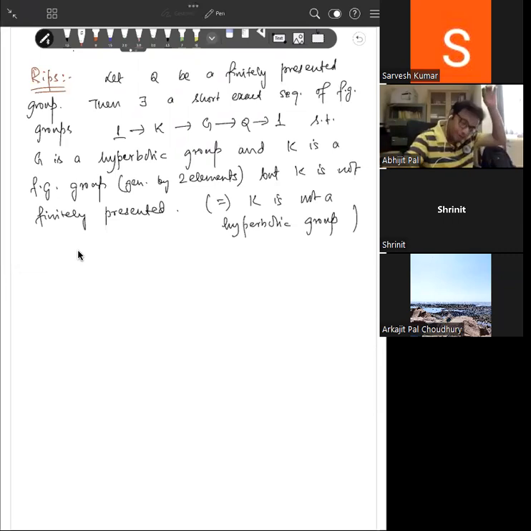Let Q be a finitely presented group. Then there exists a short exact sequence of finitely generated groups such that Q is sitting as a quotient. G is a hyperbolic group, an extension group, and the kernel is only a finitely generated group. It is not finitely presented, so it is not hyperbolic.